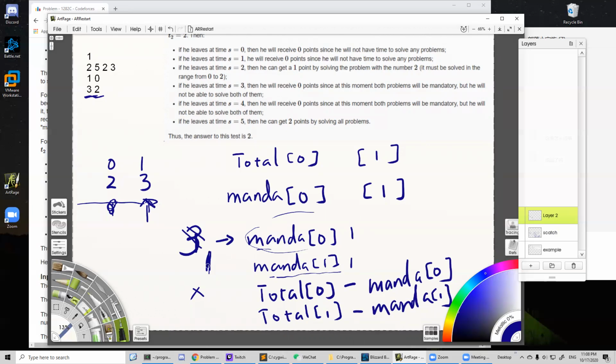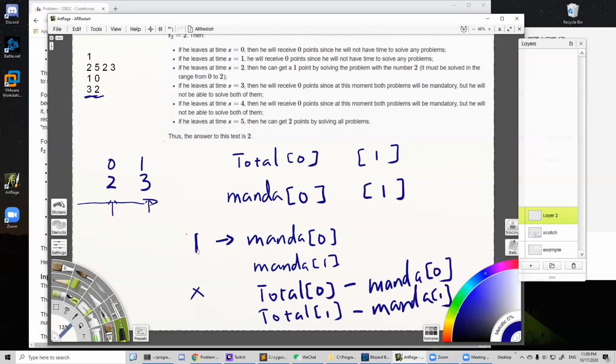And we have 1 second left. But to solve the next mandatory problem, we have to spend 3 seconds. So that's not going to happen because we don't have enough time. So we just skip this time, right? And as for time 4, we can solve the first mandatory problem, but we cannot solve the second mandatory problem. So we are going to get 0 points for this time.